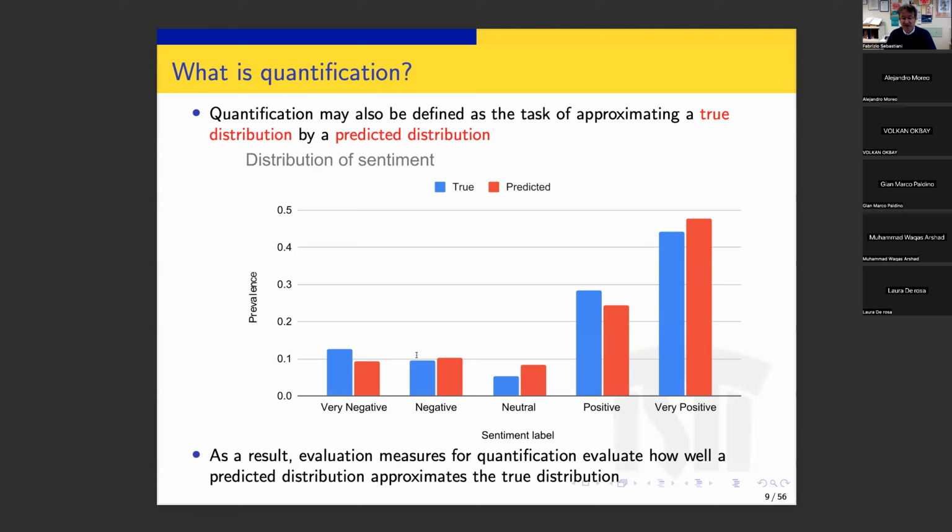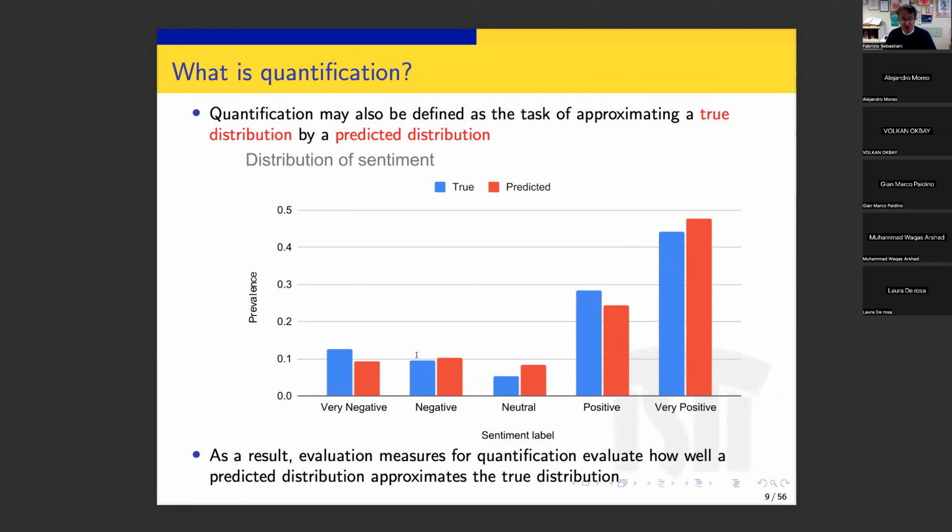The blue bars represent the true distribution, the gold distribution, the distribution we don't know and that we want to approximate. The red bars represent the predictions as returned by a quantification system. You may notice that the perfectly accurate system is the one where each blue bar is identical to the corresponding red bar. Here we have an imperfect quantification system that sometimes over-predicts the class, as in the case of very positive, and in some other cases it under-predicts the prevalence value of the class, as in the case, for instance, of the positive ones.